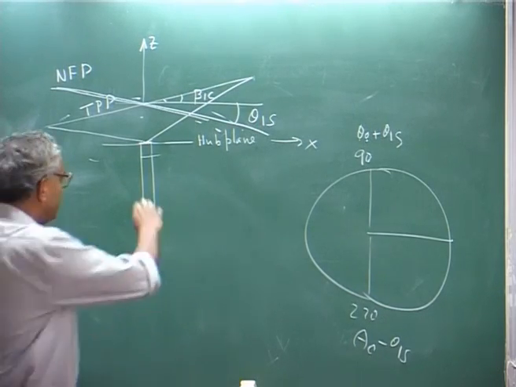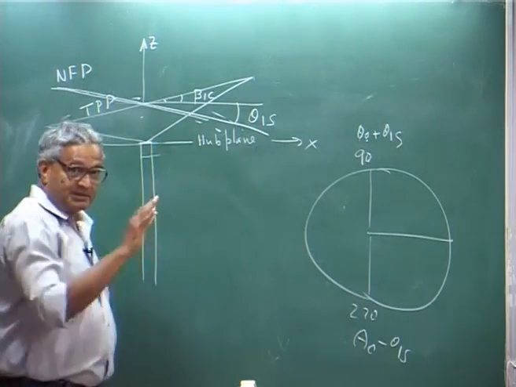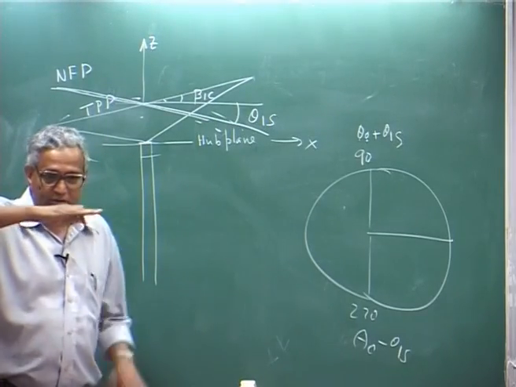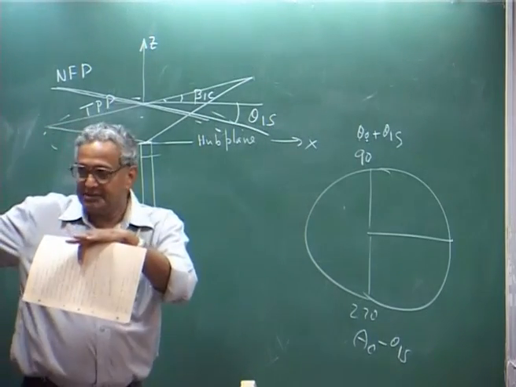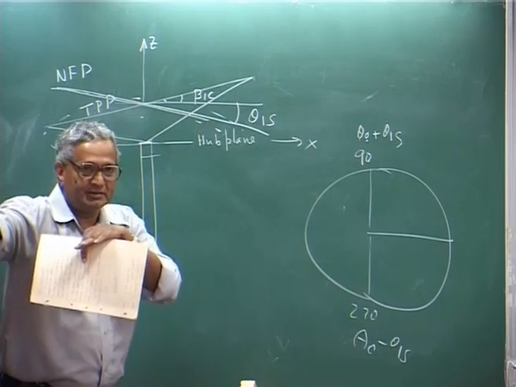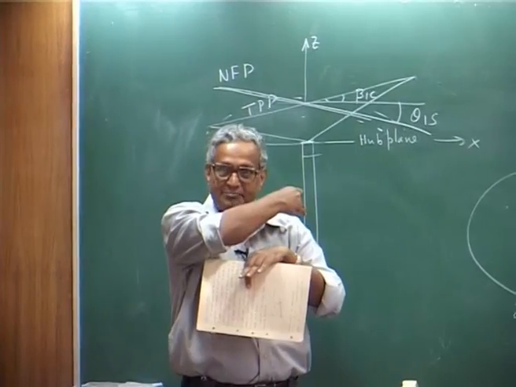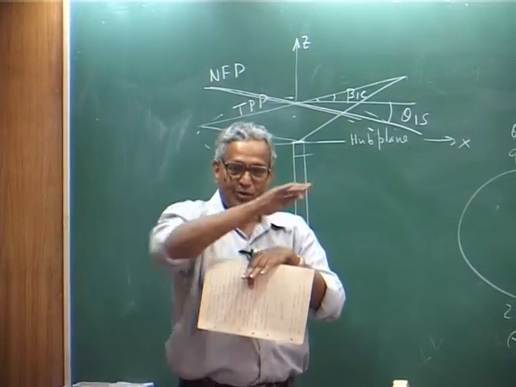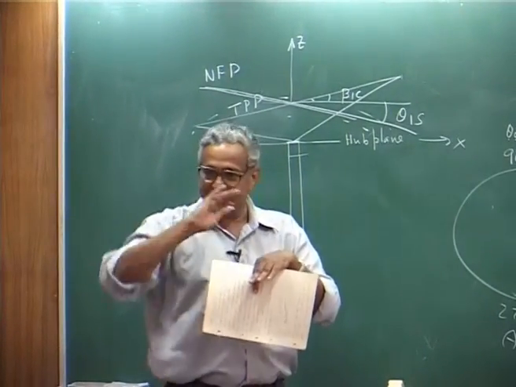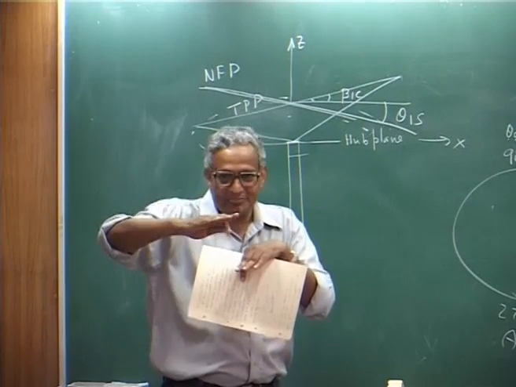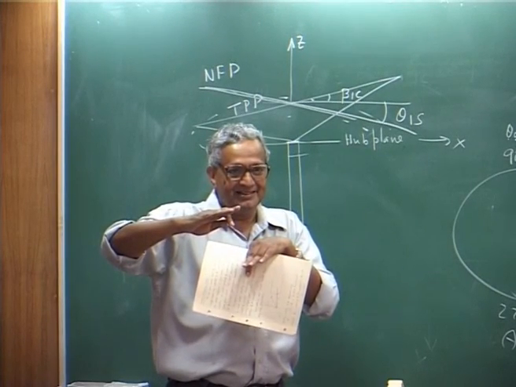Okay. With respect to the hub plane, please understand, all are referred. In the hub, when you look at a blade, pitch angle will be what? Here theta naught, when you go to 90 degree, it is theta naught plus theta 1s, 270 theta naught minus theta 1s. So, you want to make both of them equal, because that means you tilt the plane a little up.